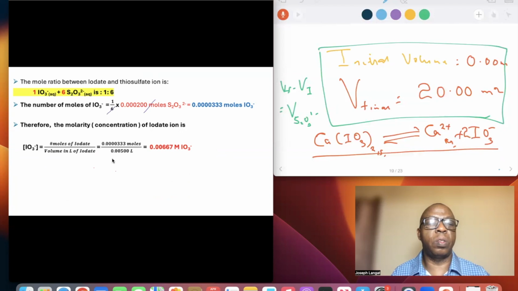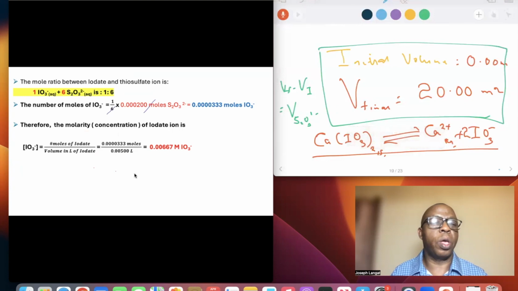This is the concentration. Remember, the aliquot was 5 ml, three significant figures. Divide the number of moles by 40 milliliters, and that's the molarity. With this, we can use the coefficient in the balanced equation, which is 2 to 1.